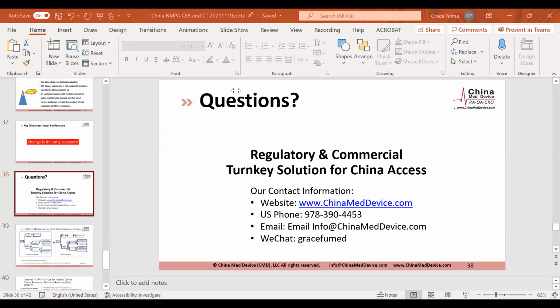Let's see the last one. How is a predicate device registered in China if being used as equivalent on the basis of approval in the US, EU, not yet approved in China? I think we answered this one. If you have a device not approved in China, but approved in the US and EU, unfortunately, there's no clear cut answer.